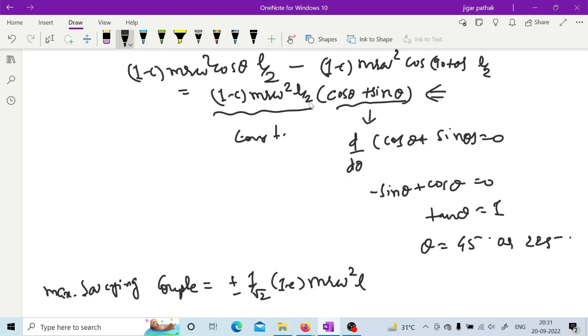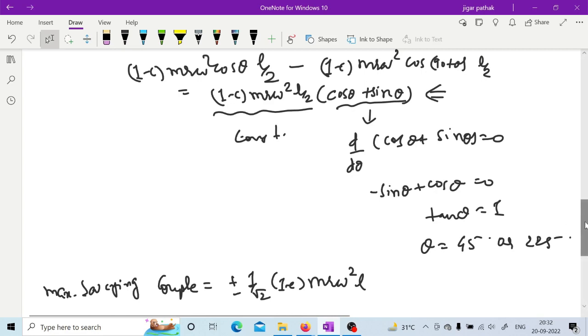And the 2 will be cancelled with this 2. So it will remain 1 by root 2 (1 minus c) m r omega square L. Okay, sir. Okay, so it will be like this only.